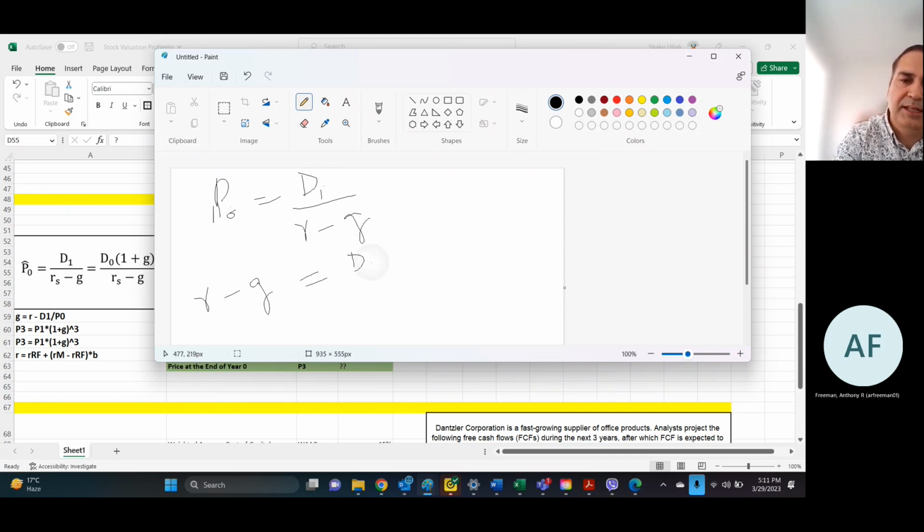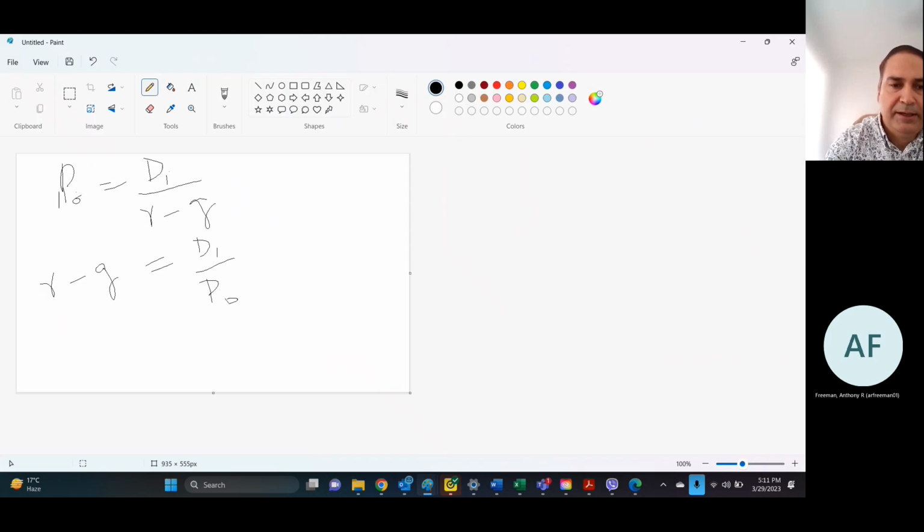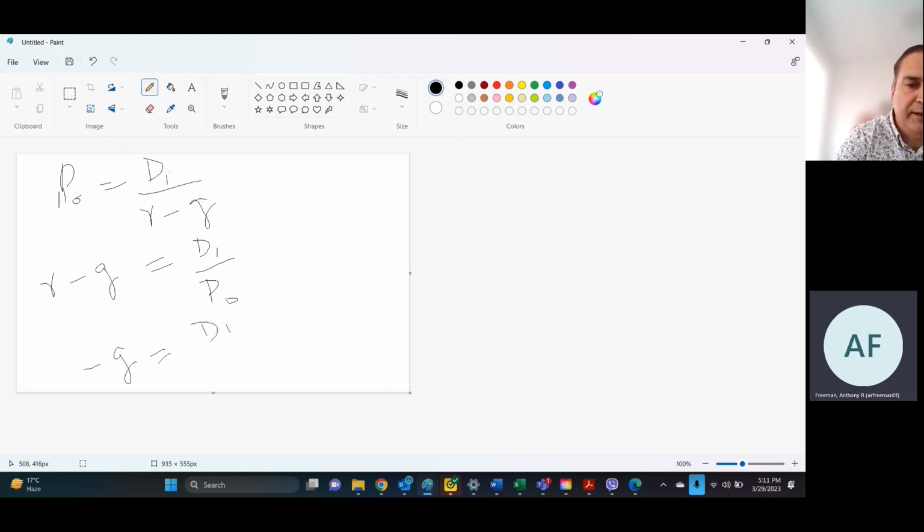So that becomes D1 divided by P0. Now, if I take R to the other side of the equation, that will be minus G is equal to D1 divided by P0 minus R. But we need a positive G, right?